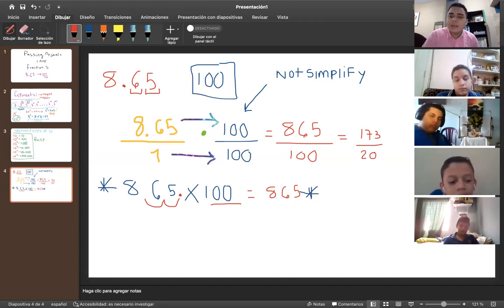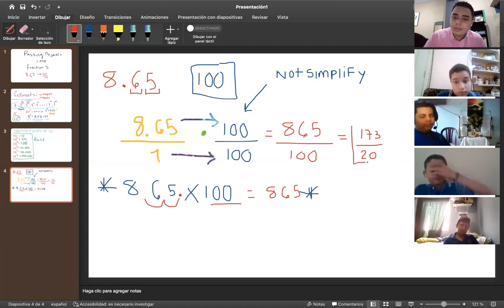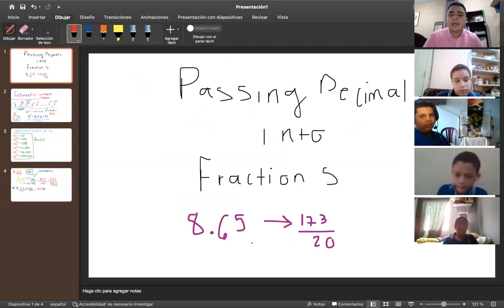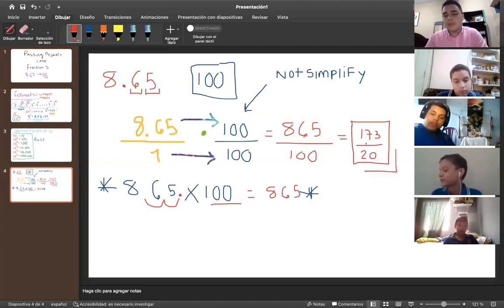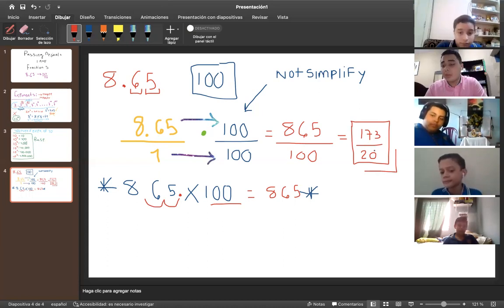Can we simplify 173 over 20? No, right? So this is going to be my final answer. As you can see, it's the same that I wrote in here, 173 over 20. Tell me, if you have a question, ask me.